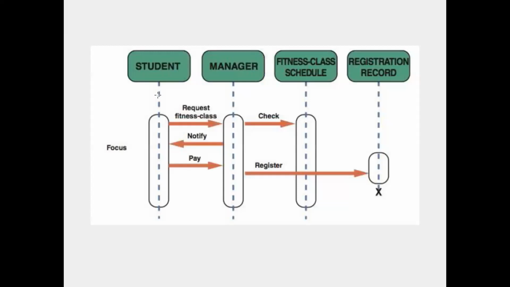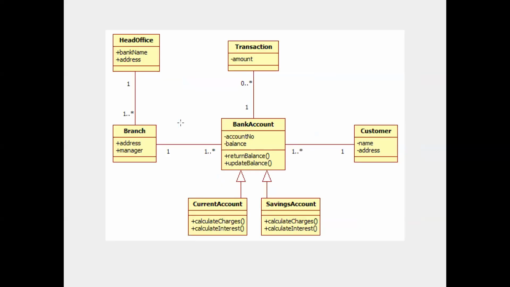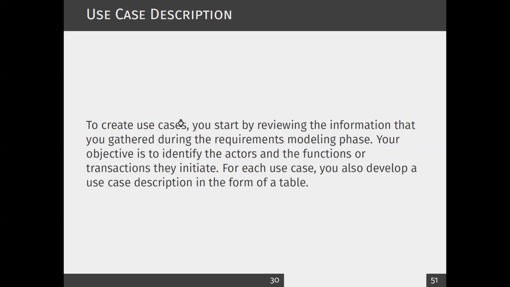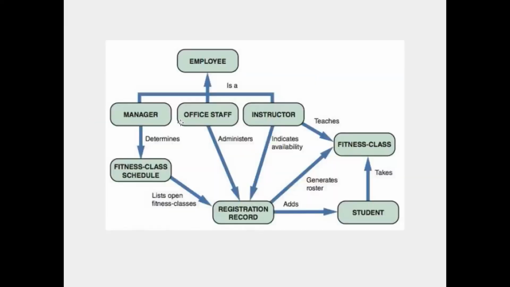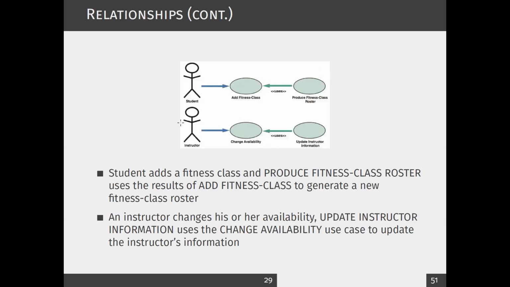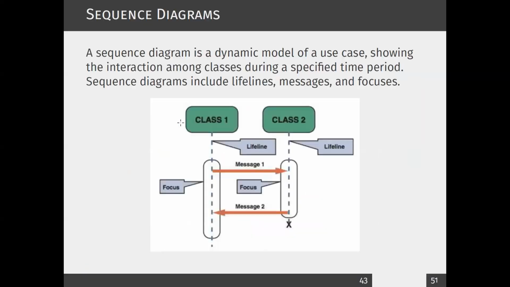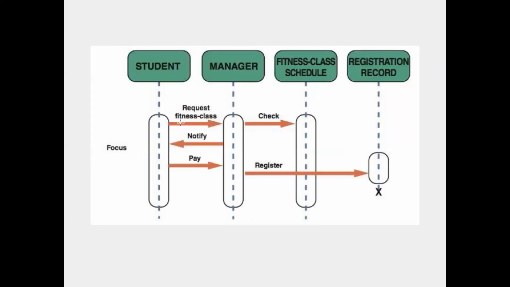Right. Now let's take an example from our previous class diagram. We had an object relationship diagram, and with the information we have right now, we can come up with how a student registers for a class.